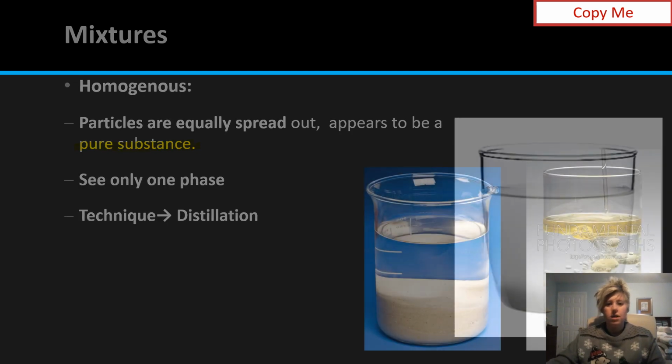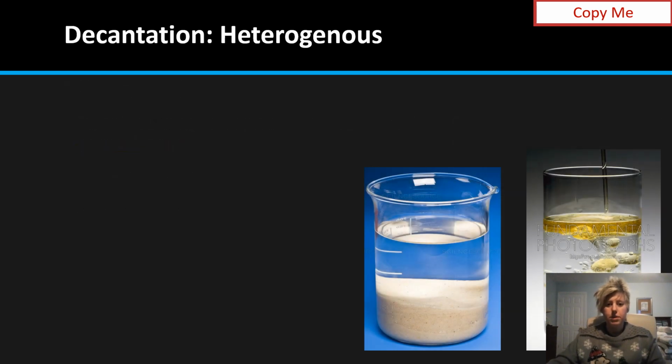All right. Our first separation technique is decantation, and it is, again, for heterogeneous mixtures. Now, if we can see right here, I have 2 examples of heterogeneous mixtures. In this case, I have one that has 2 phases, a solid phase and a liquid phase, so sand and water. I'm just going to write that.